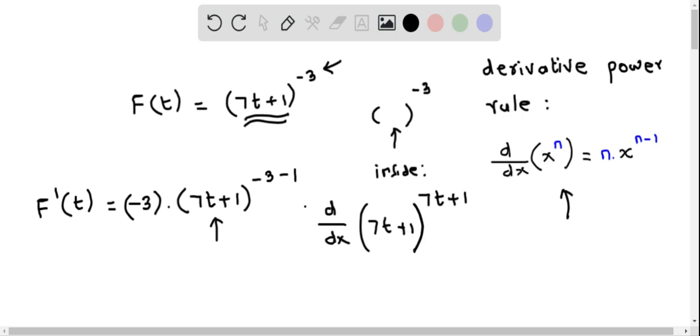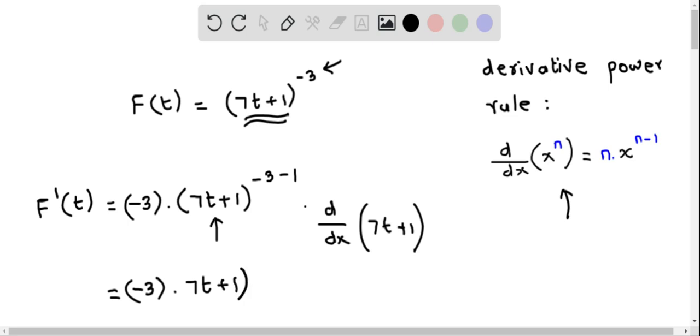Now let's simplify this. So this equals negative 3 times (7t plus 1) raised to the power of negative 3 minus 1, which is negative 4.